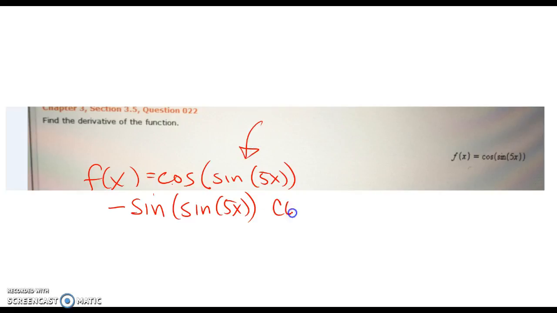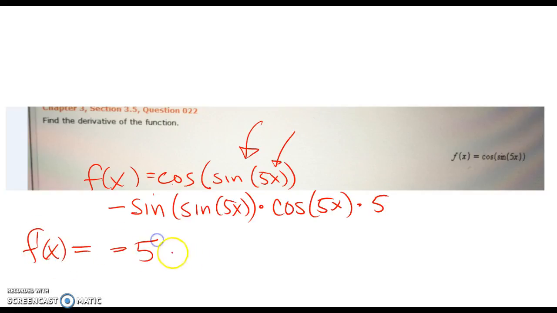The derivative of sine is cosine of this function times the derivative of the inside of that, which is 5. So it equals negative 5. I'm going to move the cosine up here, and then the sine of 5x. Alright, I'm going to stop here, and I'll have to finish any others in another file.